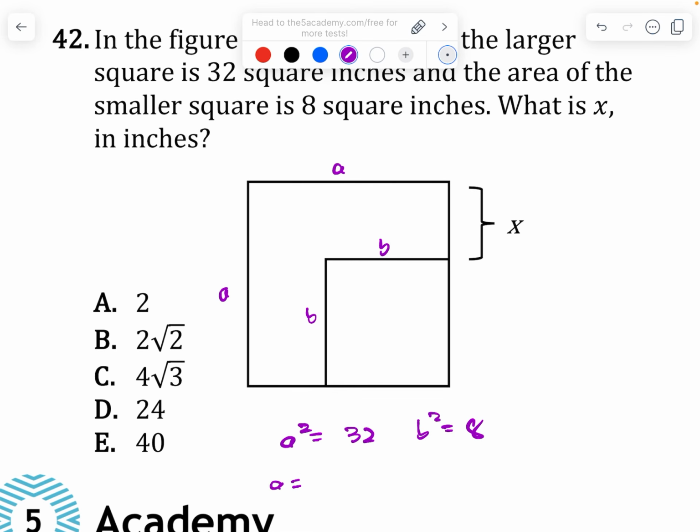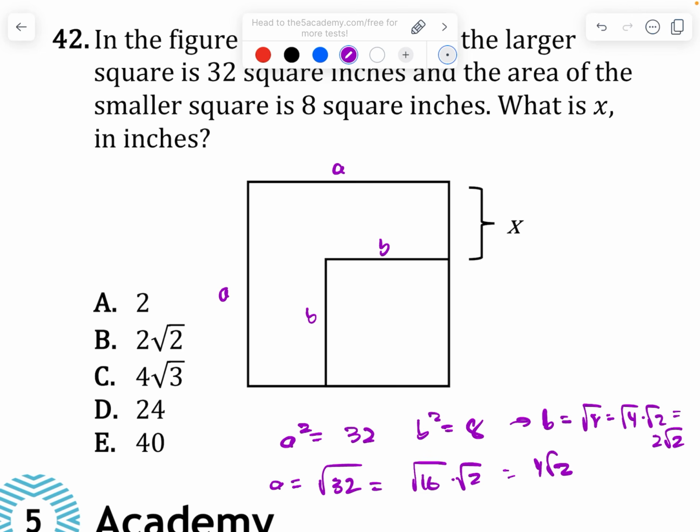That means A is equal to square root of 32, which is equal to square root of 16 times square root of 2, which is equal to 4 square root of 2. Whereas B is going to be equal to square root of 8, which is equal to square root of 4 times square root of 2, which is equal to 2 square root of 2, okay?